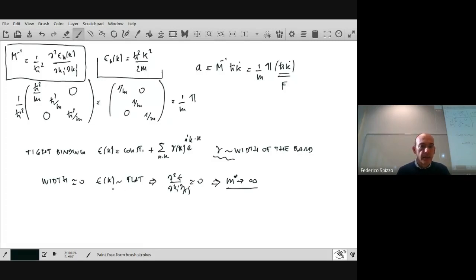So in case the band gamma is small, you have a very large value of the effective mass. If the width of E of k is large, then also this second derivative is not zero, but is, let's say, different from zero, is large. And due to that, the effective mass is not infinite.